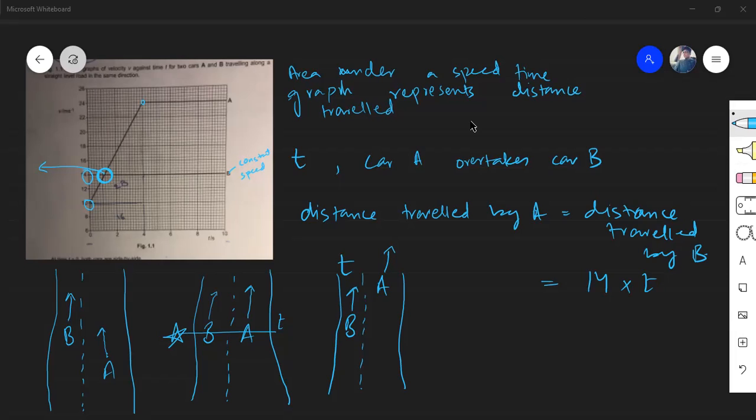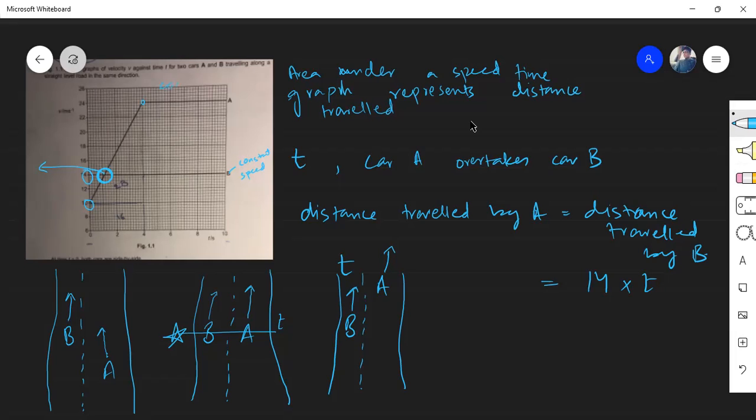But if A overtakes when car A accelerates and B is in this part of the course, in the constant speed, so this is constant speed, and this is constant acceleration. Are you following this? Yeah. Okay.